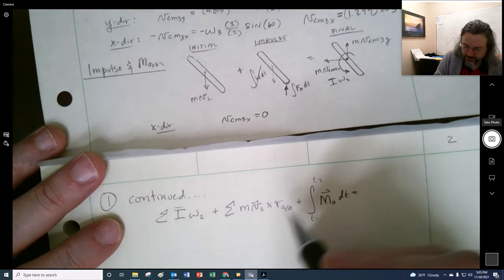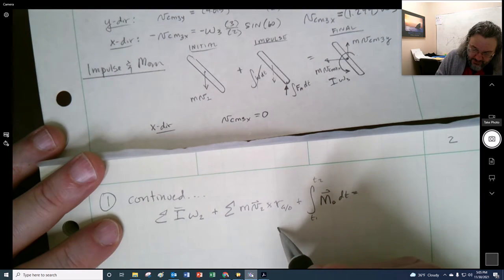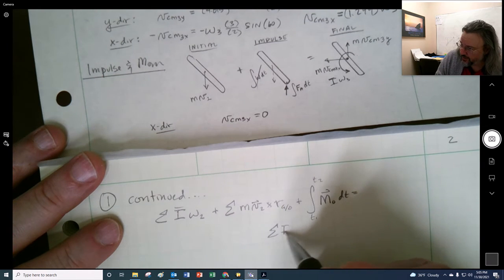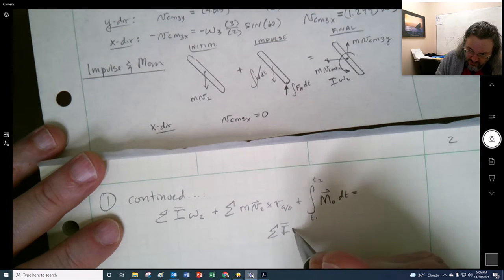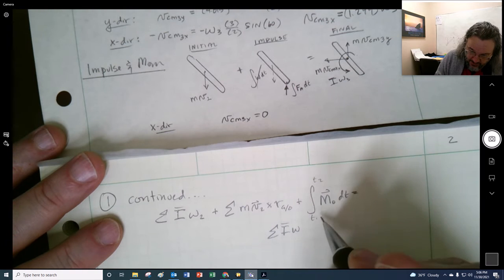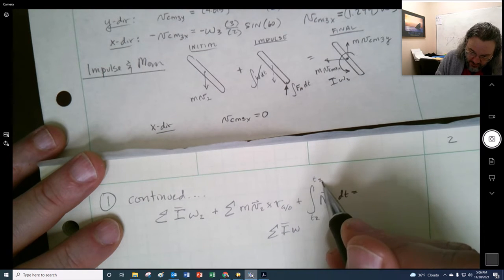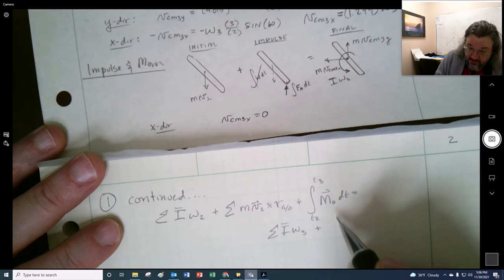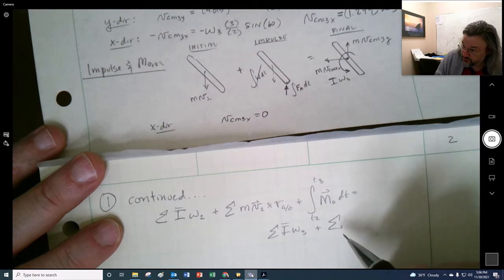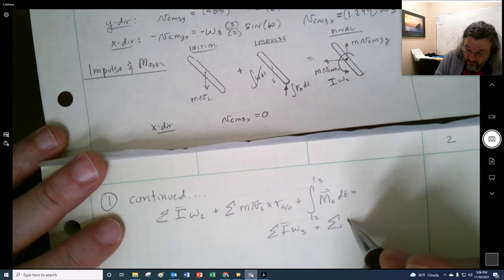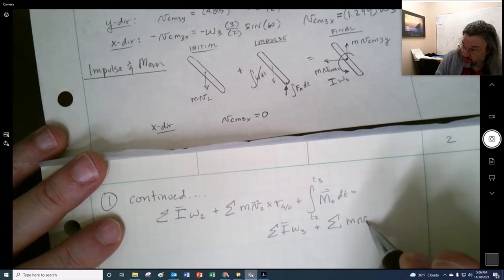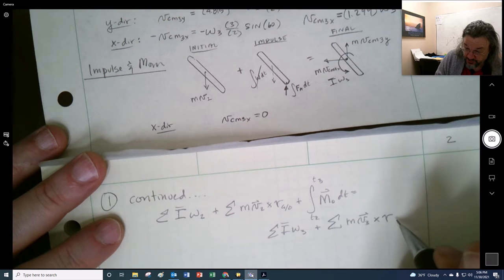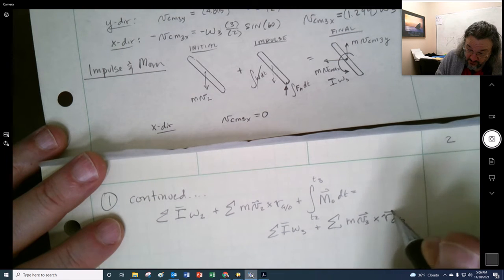And summation of I about the center omega, and this should have been 2 to 3, right? Because we're going from 2 to 3. 3 plus sigma m v3 crossed with r_G with respect to O. Right there, right?